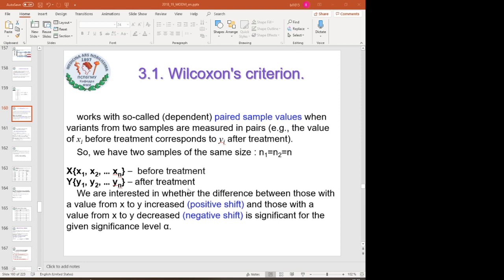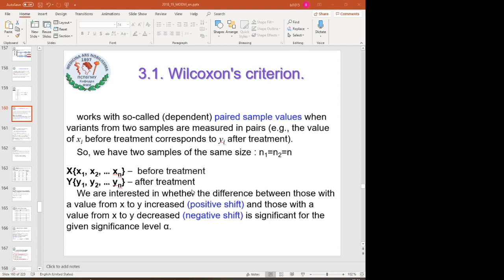And we are interested in calculation of the difference before and after. Was it a positive difference or negative? Was the value decreased or increased? And our treatment is effective if all or almost all values were shifted in the same direction, in the positive direction or in the negative direction.